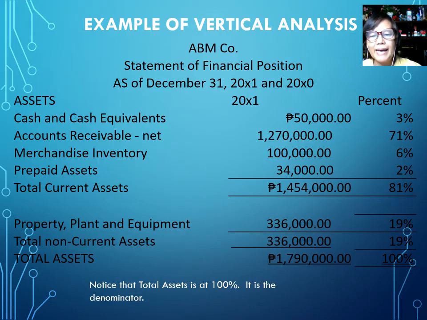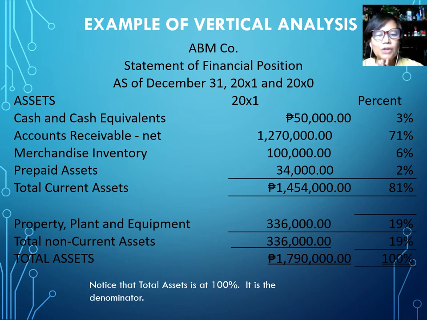How about 100,000 over 1,790,000? The resulting percent is 6%. Okay? In prepaid assets of 34,000, you're going to divide it by the total assets of 1,790,000, which will give you 2%.